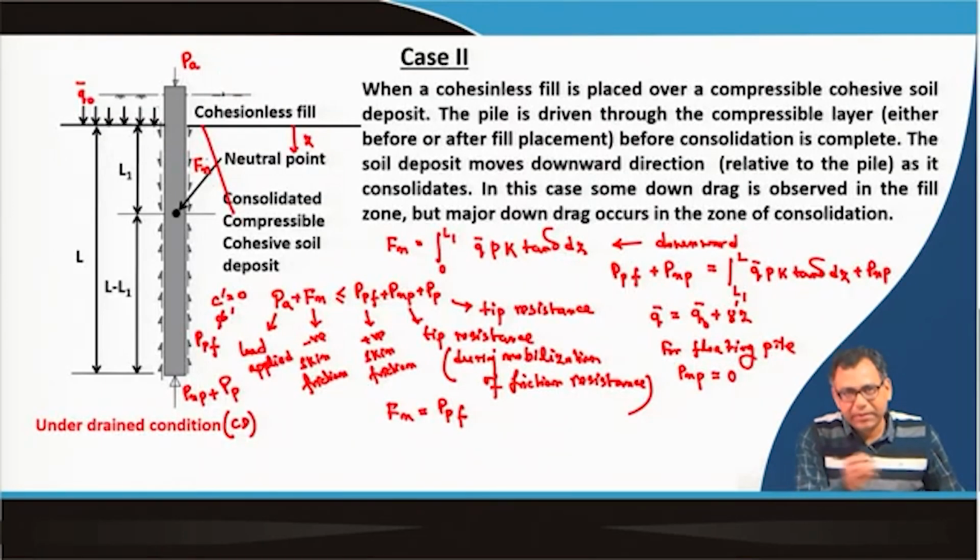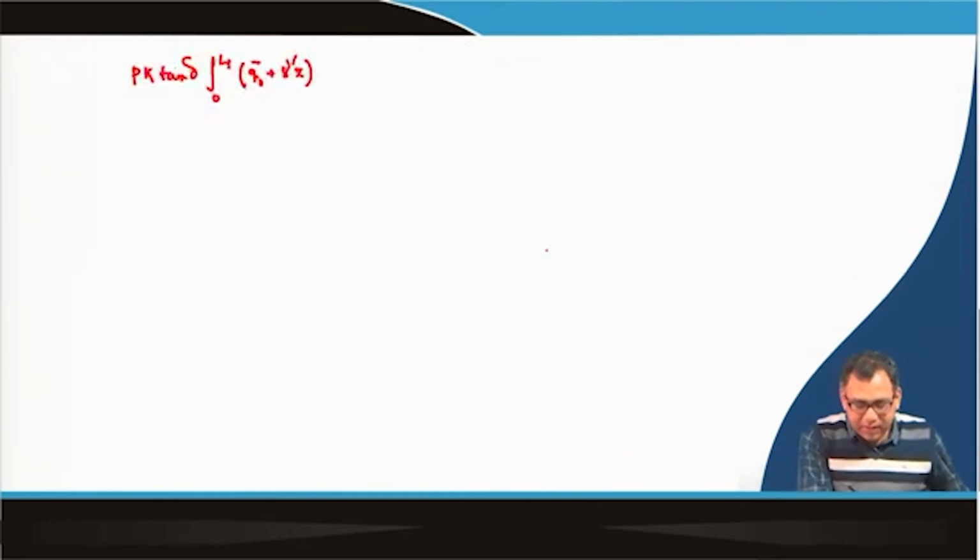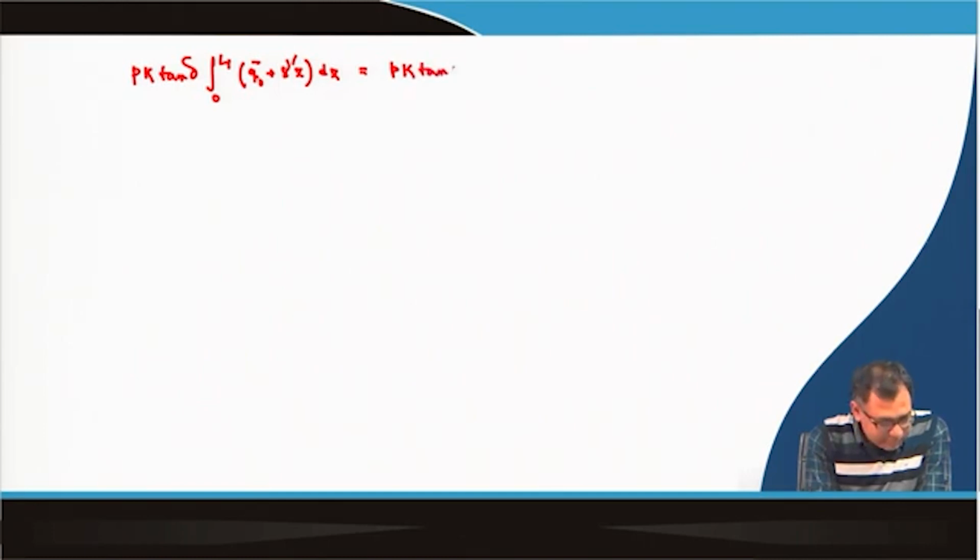P k tan delta you have taken outside, and q bar is q 0 plus gamma dash z, that will be equal to p k tan delta.